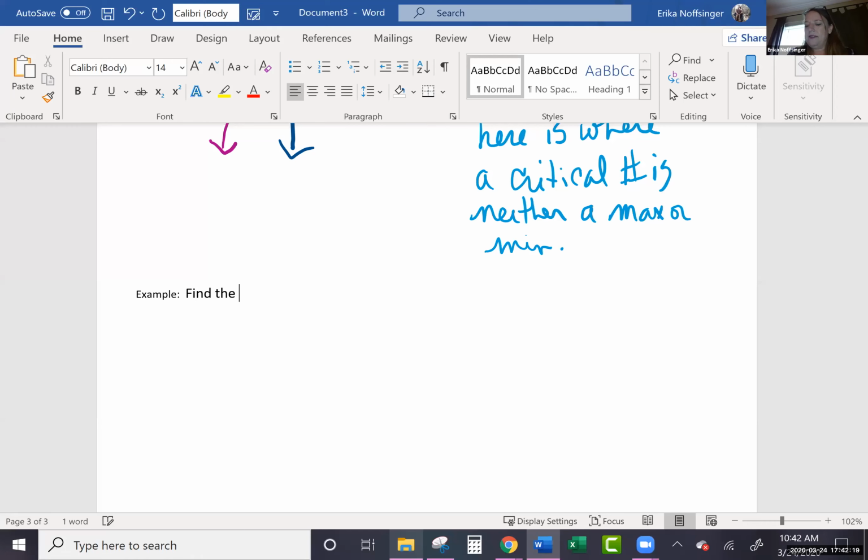So find the x values of all points where the function defined as follows has any relative extrema.